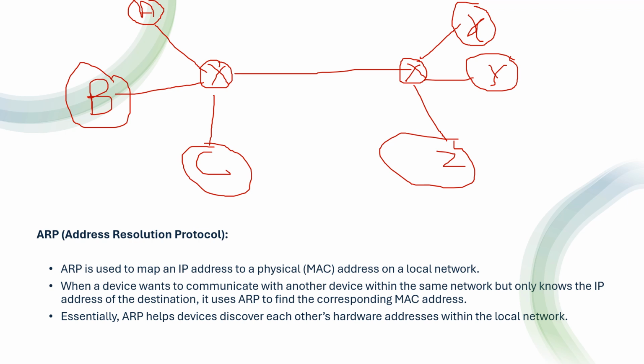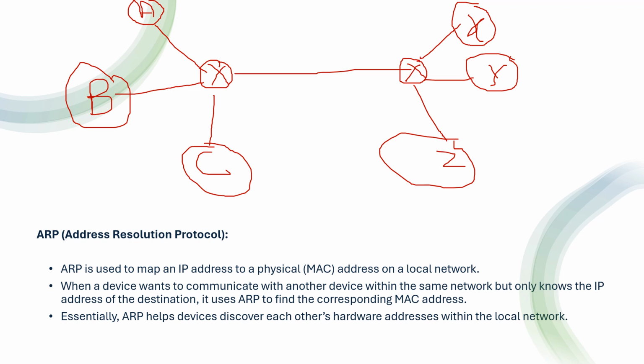This protocol comes into role when a device wants to communicate with another device within the same network, but only knows the IP address of the destination, and the device uses ARP to find the corresponding MAC address.